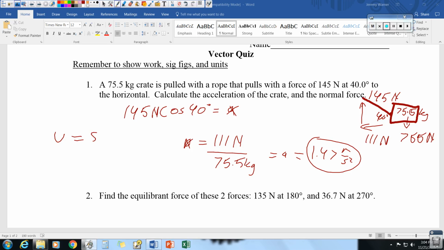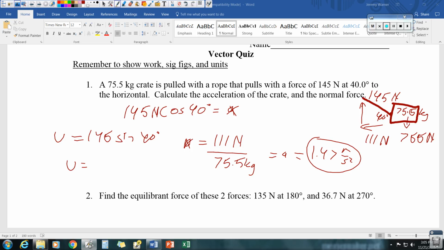We should be 145. So 145 again times the sine of 40 degrees. And when you do that, you get the vertical force, which in this case is about 93.2 newtons.